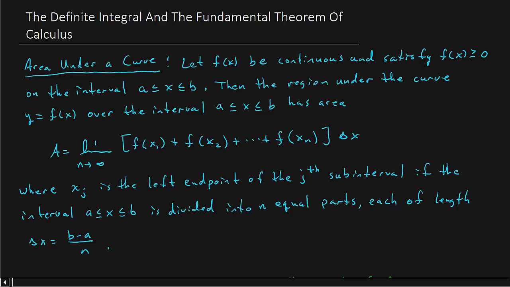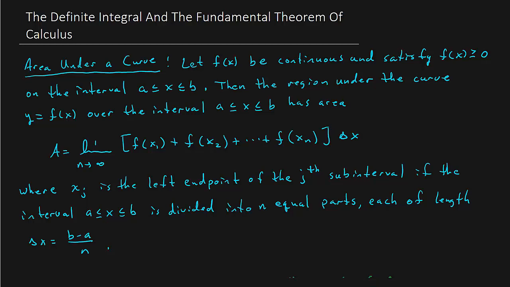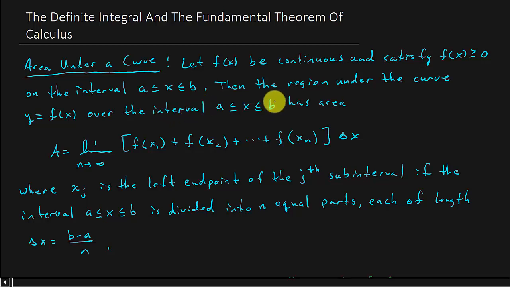So it says, let f of x be continuous and satisfy f of x is positive on the interval a to b. Then the region under the curve y equals f of x over the interval a to b has area A equals the limit of f of x1 plus f of x2 all the way to plus f of xn, and all that, once you add that up, times delta x.